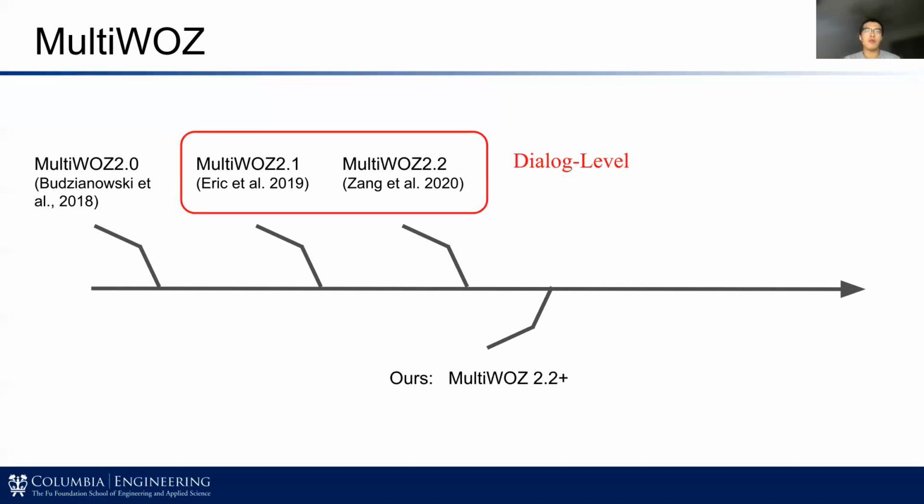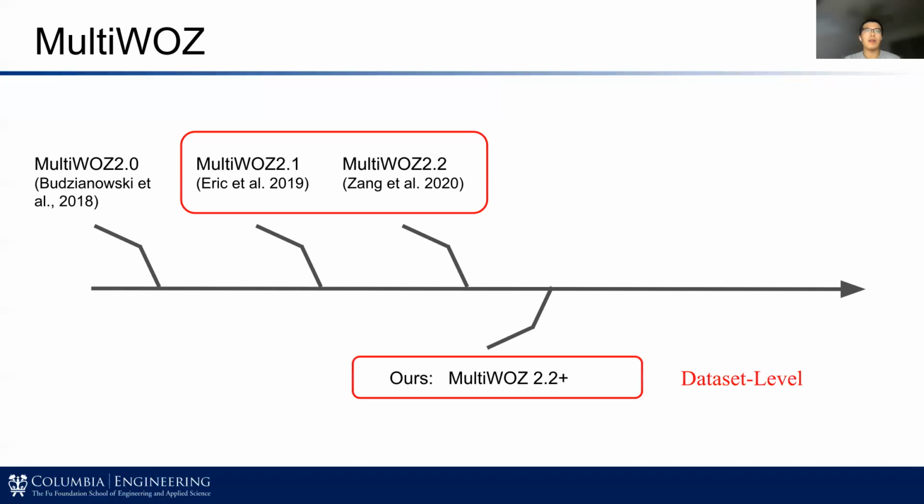Different from the first two versions, which focused on whether the annotation makes sense based on a single dialogue, which we can call the dialogue level, we care more about the pattern at the whole dataset level. In other words, we care whether the pattern of a slot annotation is consistent among the whole dataset. This is because we wish the model to learn the pattern of annotation.